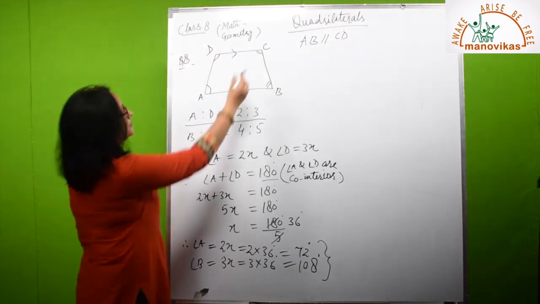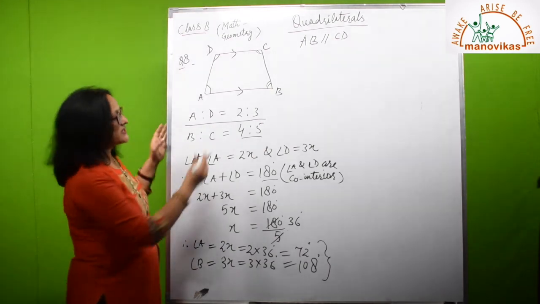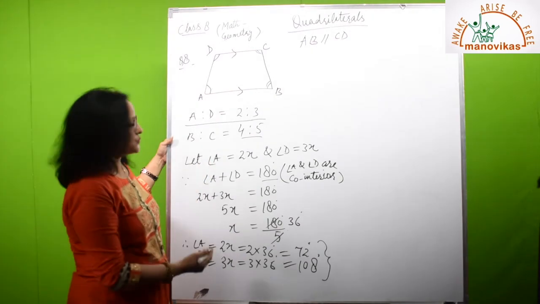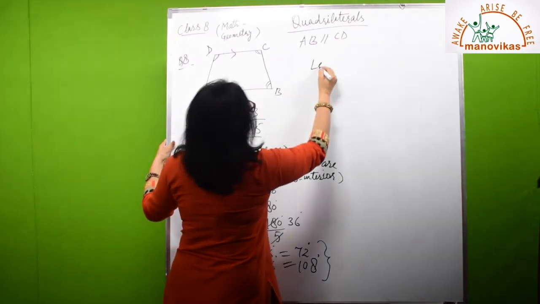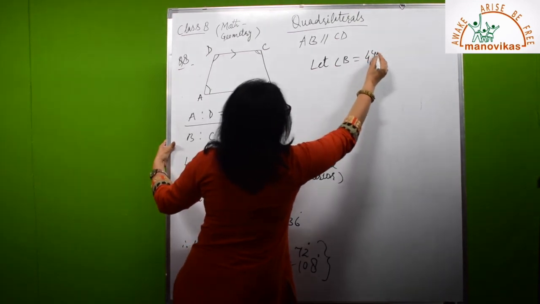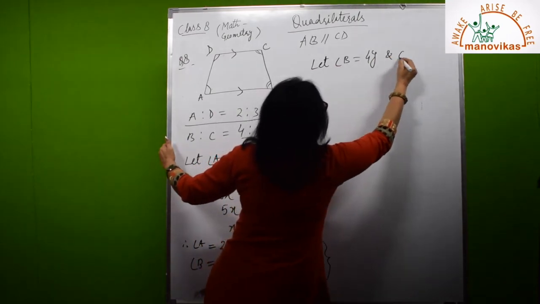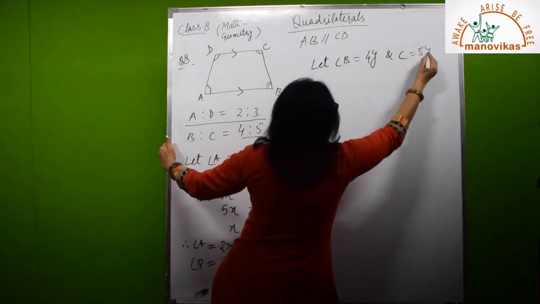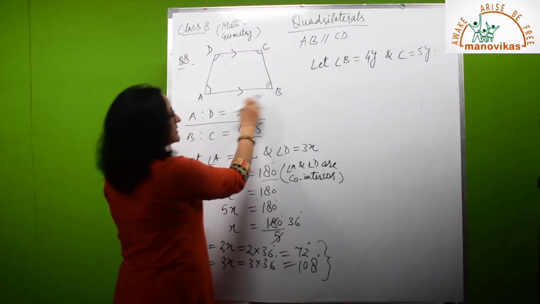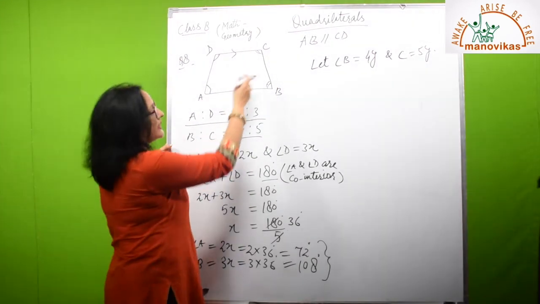Now for angles B and C, you are given the ratio as 4:5. Because these are different angles, we will take a different variable for these two. So similarly, let angle B be equal to 4y. Here we will change the variable. And angle C is equal to 5y. The remaining method is the same. Because these sides are parallel, these are also co-interior angles, and co-interior angles are supplementary.